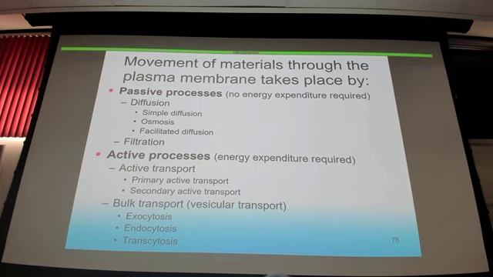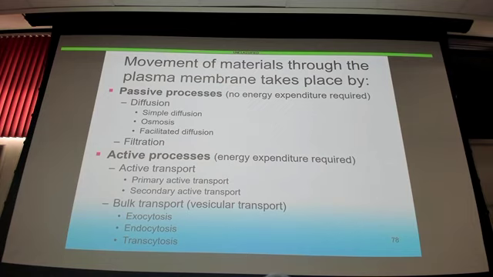And muscle cells, skin cells, all these different cells are going to use these processes to change the chemical composition inside of that cell. The cell is going to decide what it wants to do. Remember, it's going to collect that stuff from the extracellular fluid, interstitial fluid. So many ways we can do this. We can do passive processes, or we can do active.